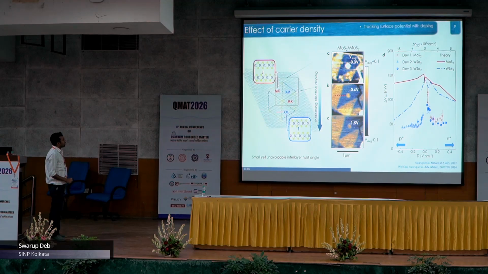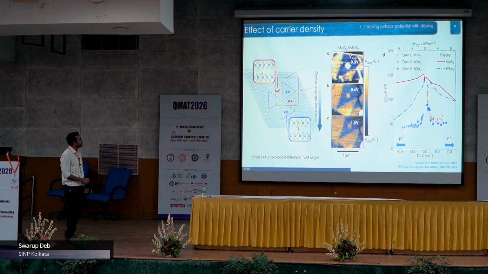And now we can actually make field effect devices out of it and keep on scanning the same region over and over again while varying the gate voltage. And we see that the contrast between the bright and the dark domains, which is the measurement of the strength of ferroelectricity, remained roughly constant with a doping level of about 10 to the power 13 per centimeter square.